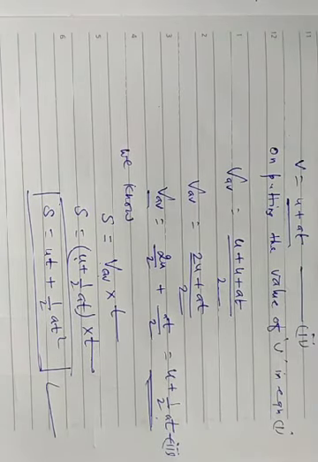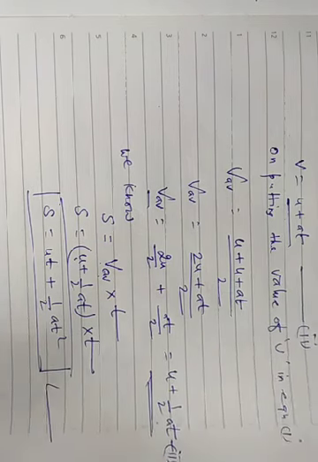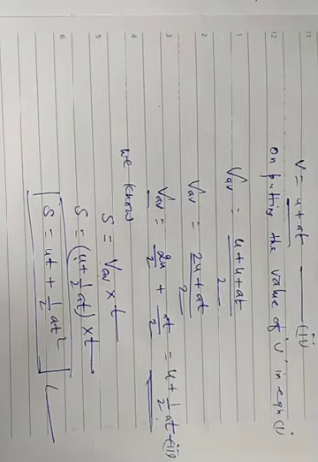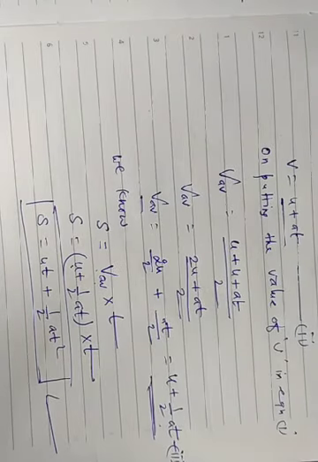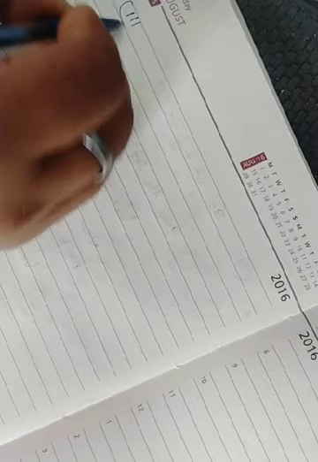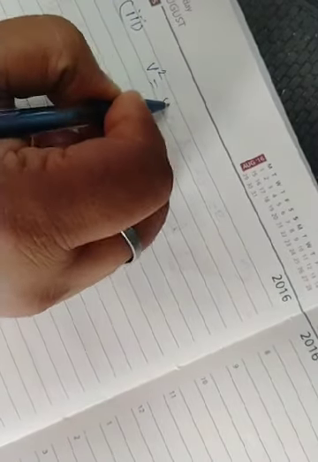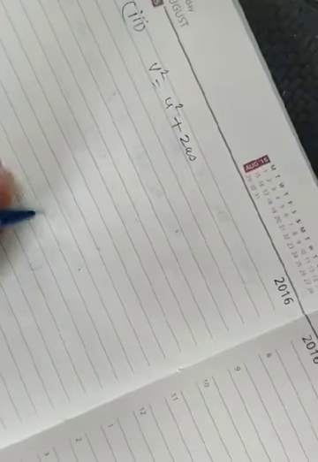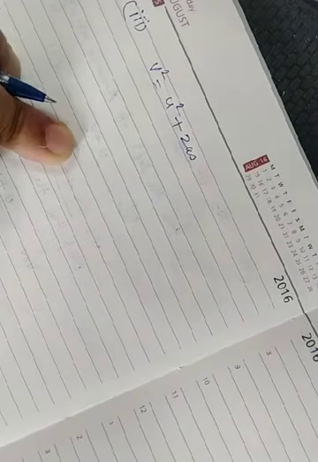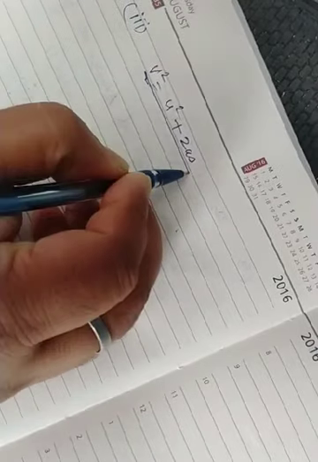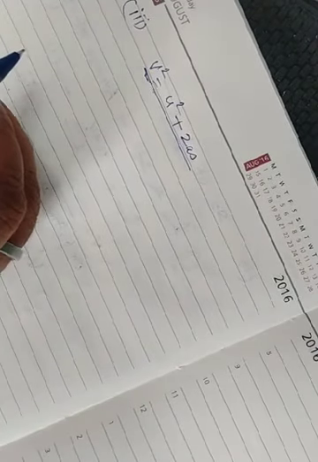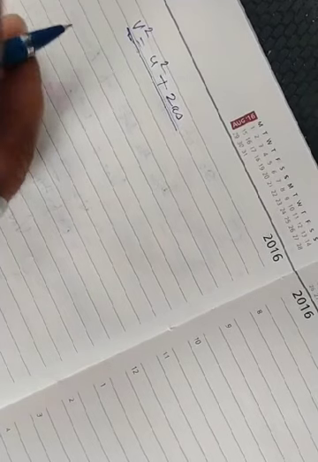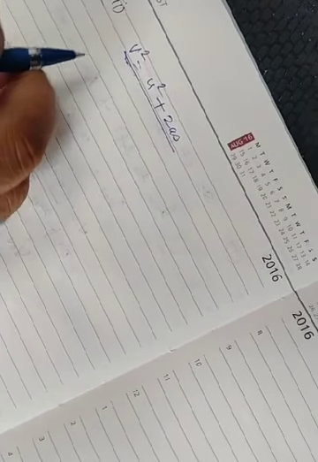Okay students, now moving on to the last derivation for the third equation of motion, and it is what? v square equal to u square plus 2as. Third equation, v square equal to u square plus 2as. Okay, this can also be verified by either of the two equations, that means from the first or second.